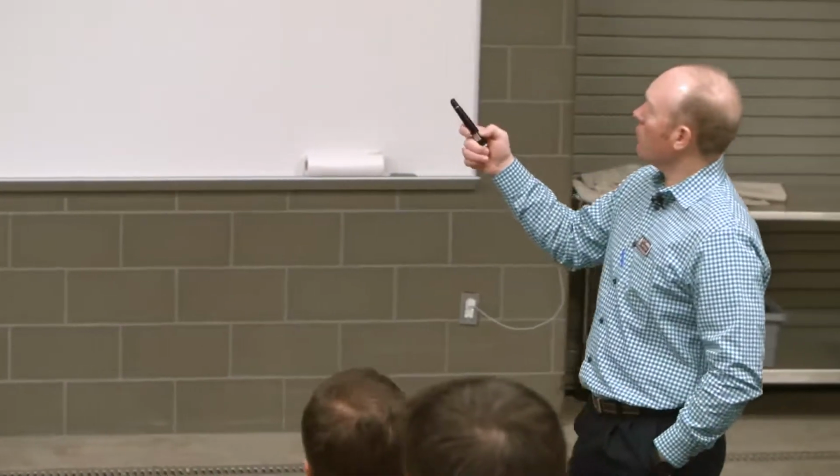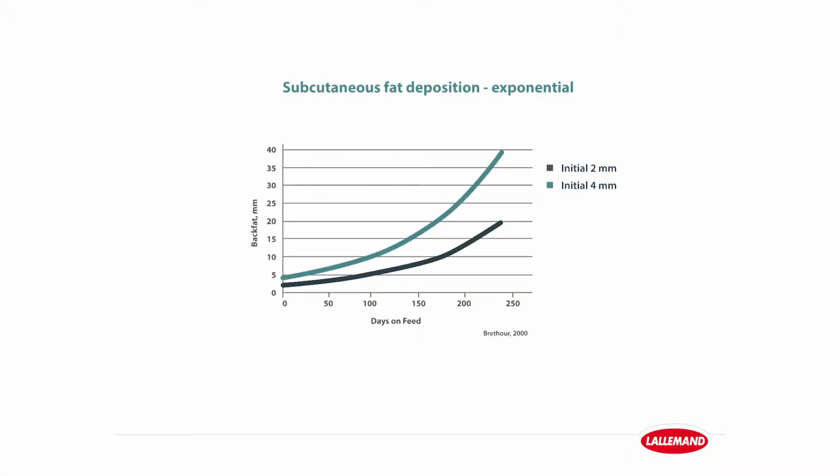And Dr. Breathauer put a paper out in the Journal of Animal Science in 2000 that really summarized the growth of subcutaneous fat and another fat depot I'll get to in just a moment. The context here is well taken on growth physiology of cattle. The point to take away is back fat grows at an exponential rate.